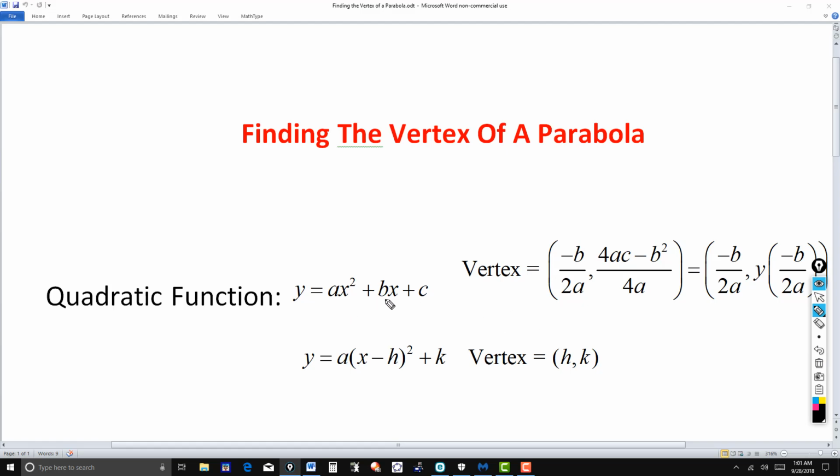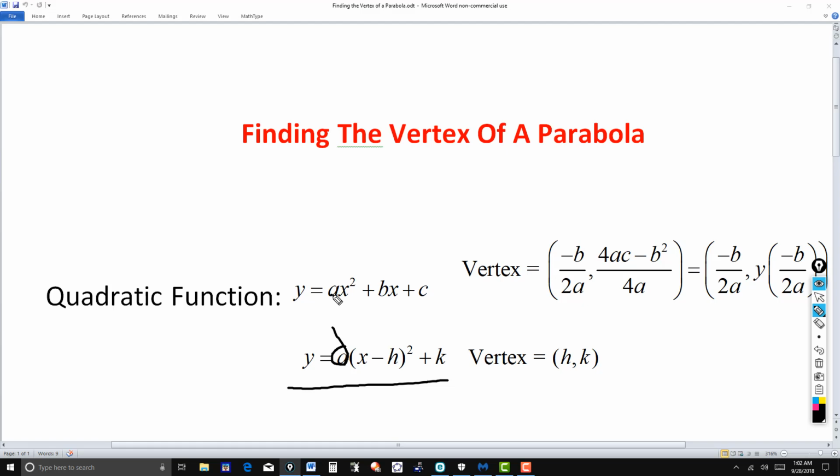So here are a couple of formulas that you can use. If the parabola is written in this particular form here, then the vertex is (h, k). Then you just plot that point, and the coefficient of the x squared, in this case right here, or over here, will tell you which way it opens.